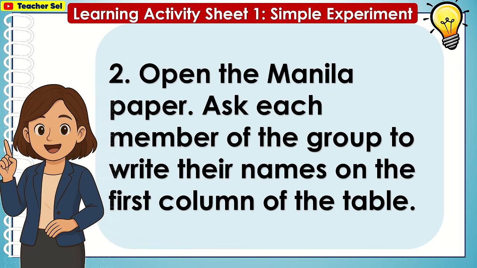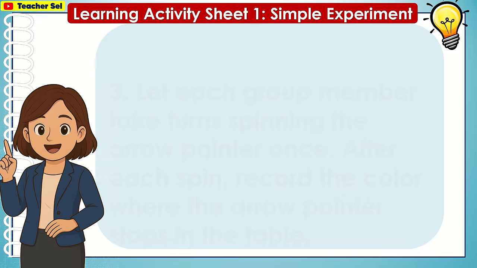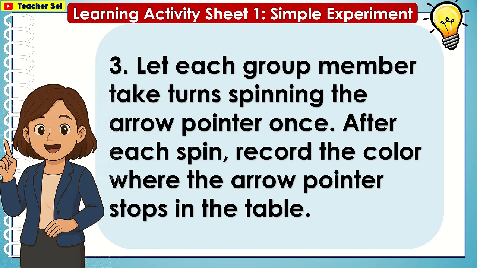Open the manila paper. Ask each member of the group to write their names on the first column of the table. Let each group member take turns spinning the arrow pointer once. After each spin, record the color where the arrow pointer stops in the table.